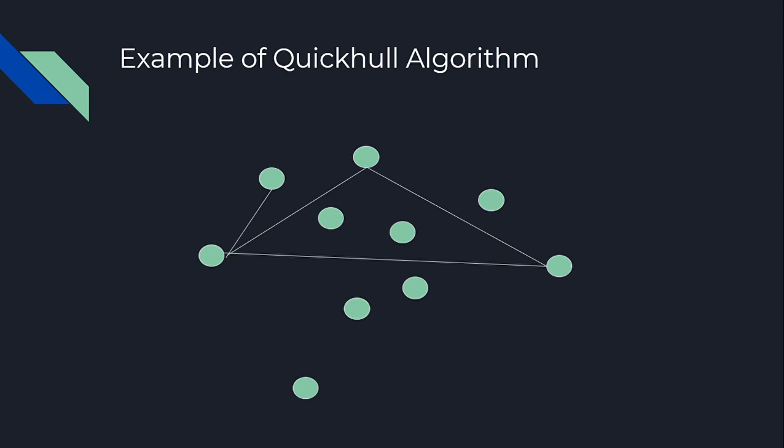Then in step 5, now we repeat the previous two steps, that is step number 3 and step number 4, on these two lines formed by the triangle. We work on this line and we ignore this line as this is the initial line. We keep on doing the step 5 until we come across this step.